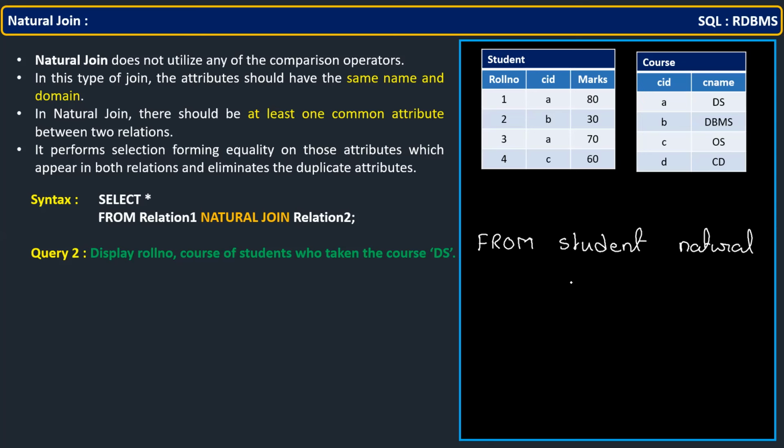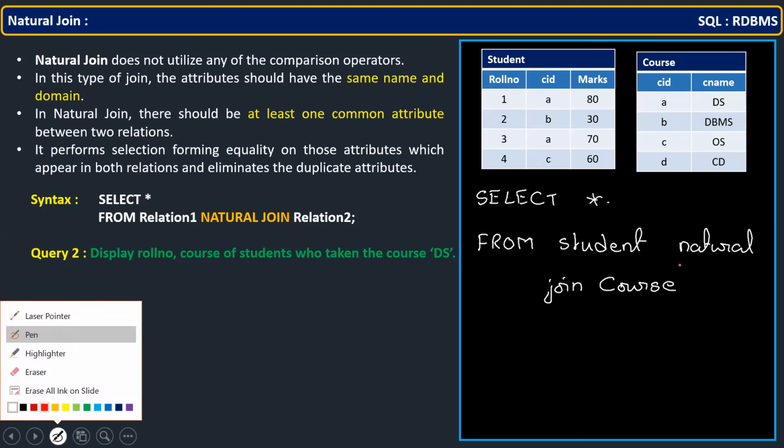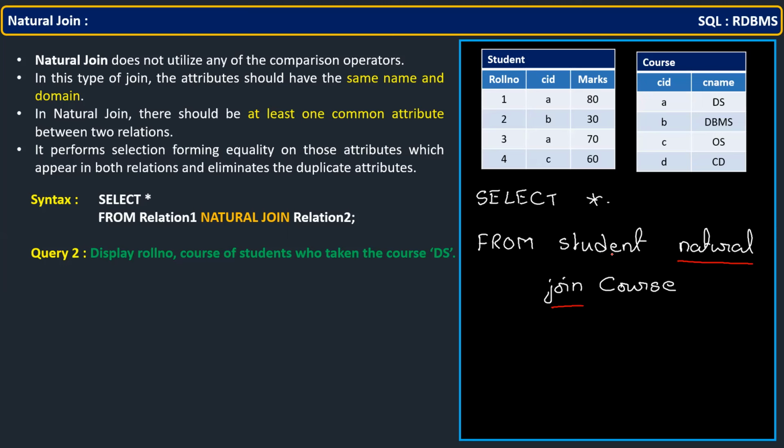I am using the keyword natural join with the course table. I am just leaving it and selecting star. Don't worry, all columns will come in the output. But look at the from clause: student natural join course. Natural join is the keyword, and this is table one, this is table two.